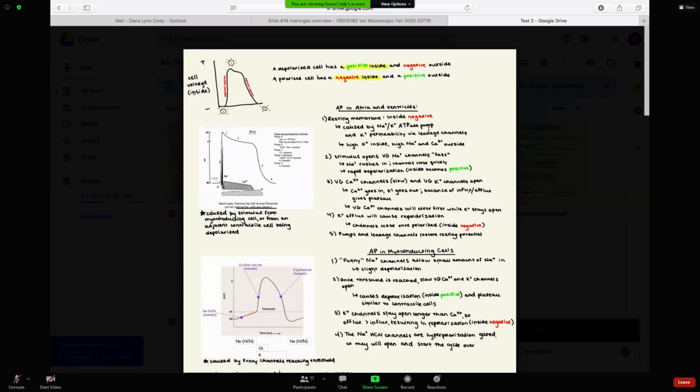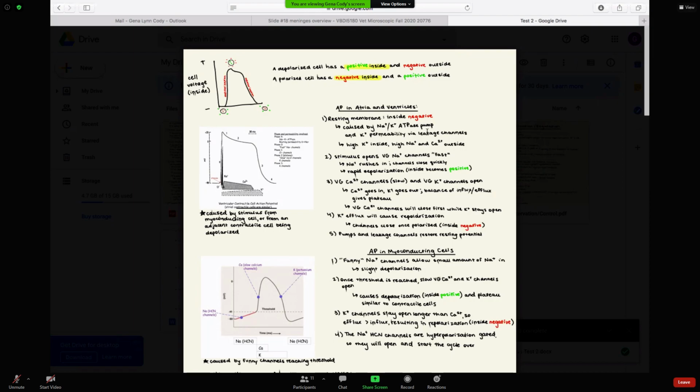So that's what you have to think about when you're thinking in terms of cardiac and EKG. If a depolarized cell has a positive inside, it means it has a negative outside. So when the EKG is reading a negative tissue area, that's referring to depolarized cells. So sometimes that can be a little fuzzy.